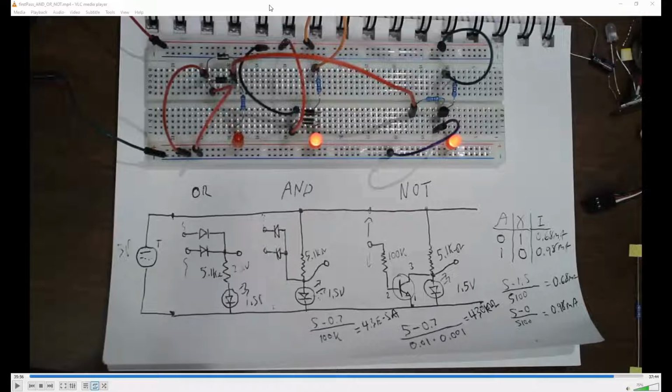One thing that may cause problems is the 1.5 volt outputs that we were getting because we were using the red LEDs that only require 1.5 volts. So in the case of the AND gate, you would get a 1.5 volt high and a 0.7, 0.8, 0.5 volt, depending on the diode, low. Those voltages are not very different from each other.